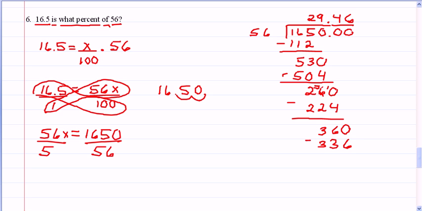And 6 times 56 is 336. And I get a remainder of 24. And I'll stop here. If I look at my decimal, I have 29.46. I'm going to round this up to 29.5 and say that my x is equal to 29.5. But because my question was asking for what percent, I have to add a percent symbol to the end.